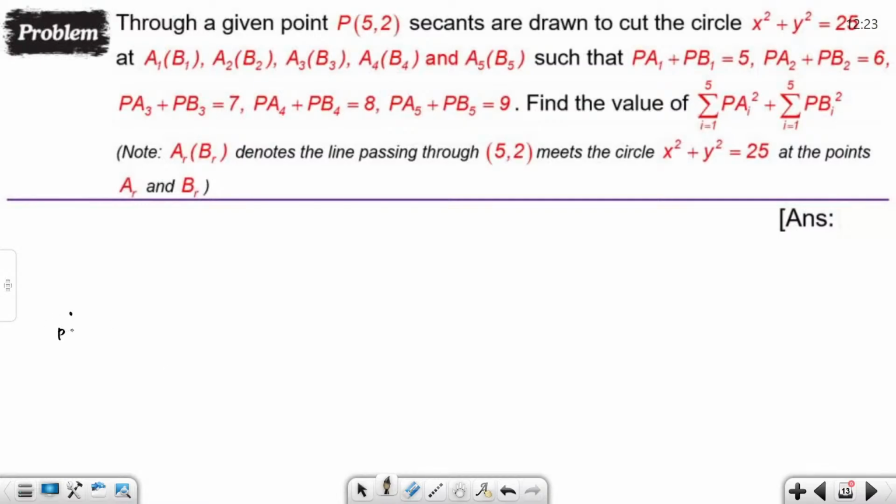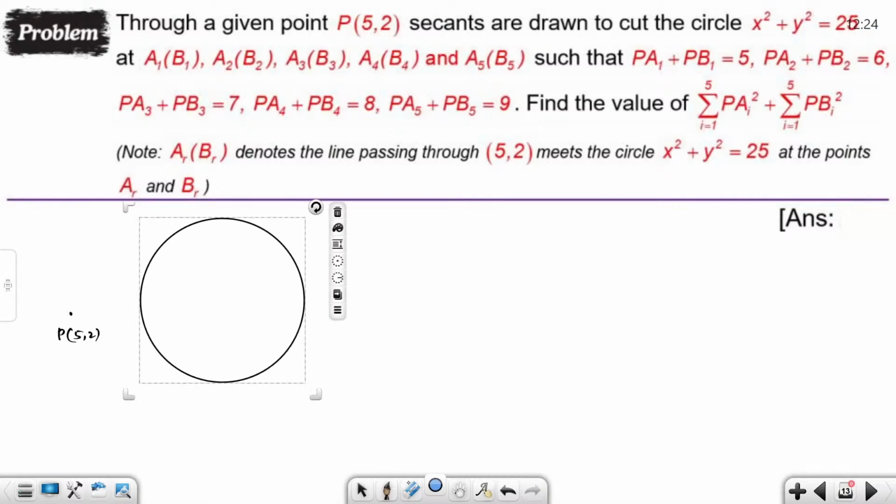Through this point, secants are drawn to cut the circle. So there is a circle also. So through this point, secants are drawn to cut the circle at A1, B1, A2, B2, and so on till A5, B5. It means that 5 secants are drawn.